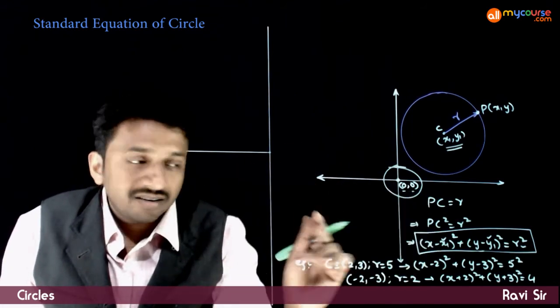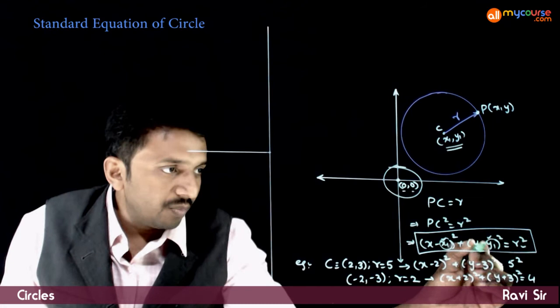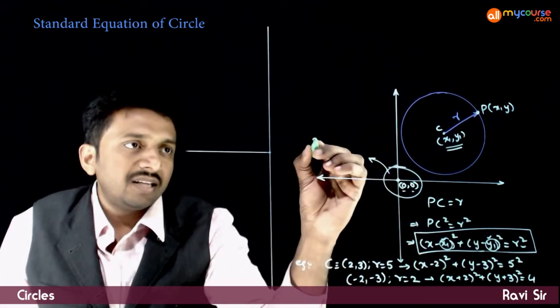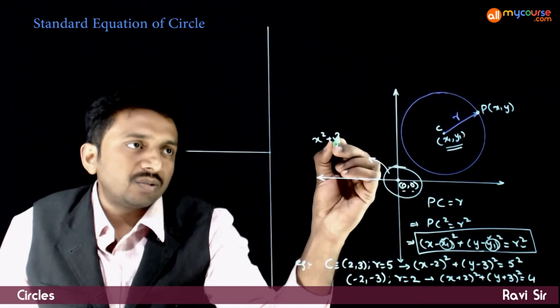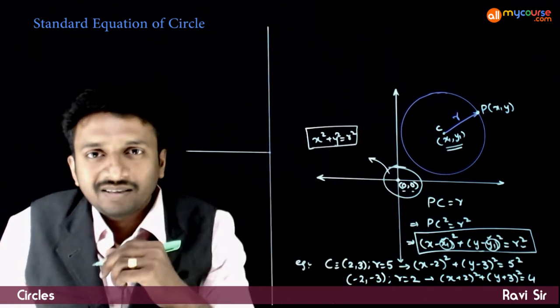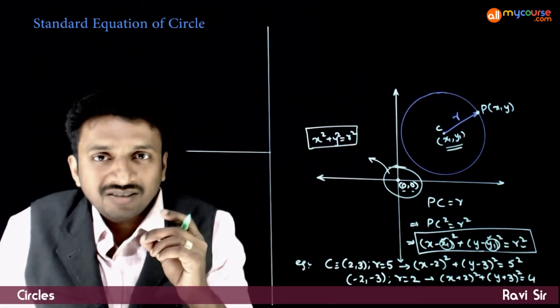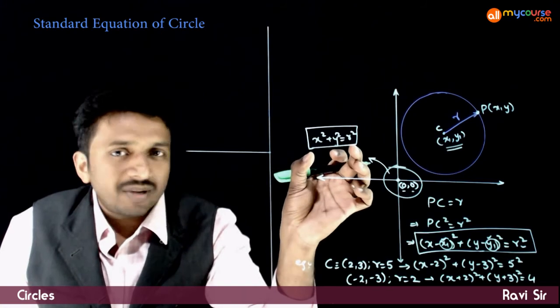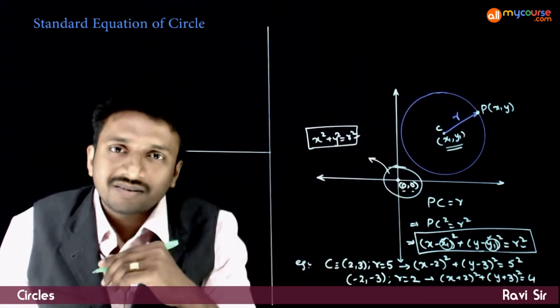If origin is the center, x1, y1 are both 0, 0. So the equation looks like x square plus y square is equal to r square directly. So if the center of the circle is origin, the equation looks simple. The direct equation is x square plus y square is equal to r square.